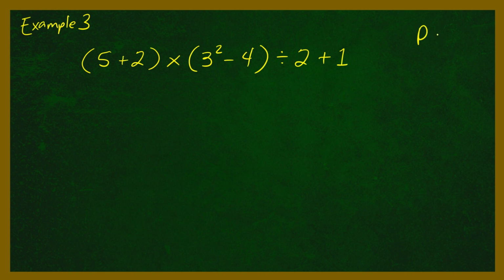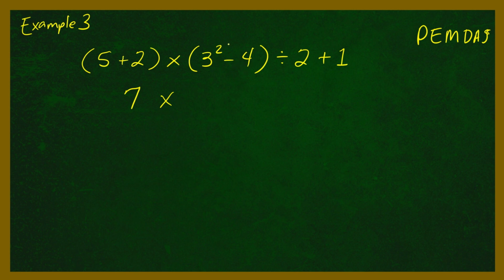And as you can see here, we have 2 sets of parentheses. So let's do 5 plus 2, which gives us a value of 7. Go ahead and bring down that times symbol. And within our second set of parentheses, we have 3 squared minus 4.